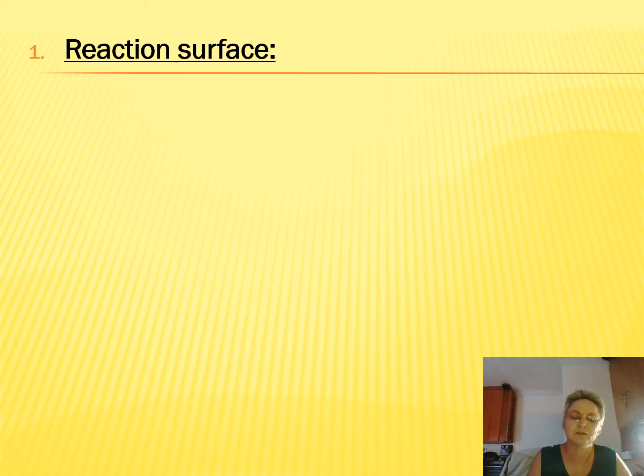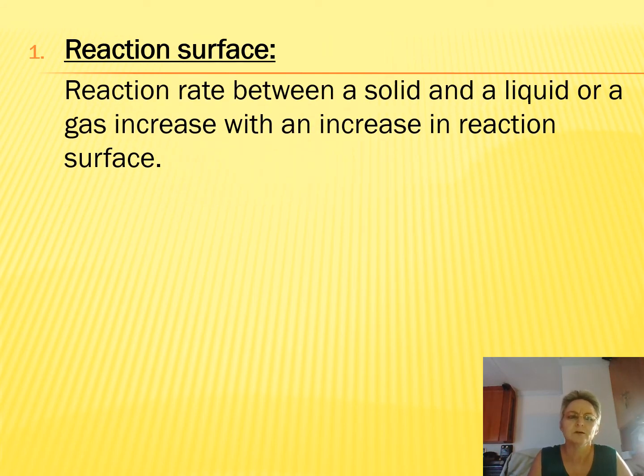So first of all, the reaction surface. We've already discussed it, that the reaction rate between a solid and a liquid or a gas increases with an increase in reaction surface.